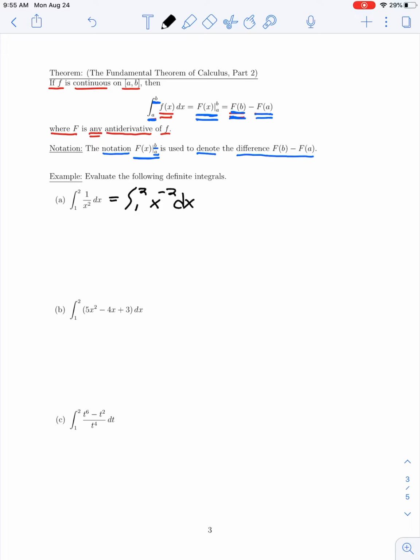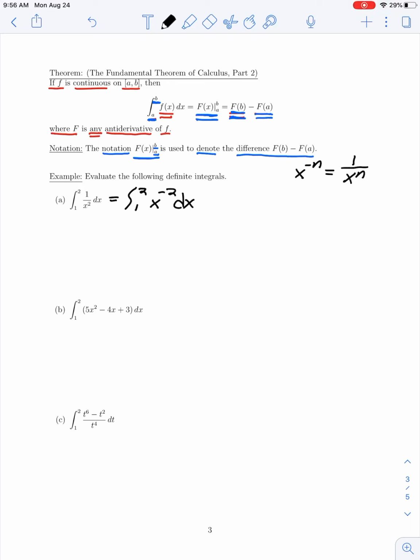So something that we'll use pretty often throughout this course is the fact that if we have x to a negative power, let's say x to the negative nth, that's the same as 1 over x to the nth power.